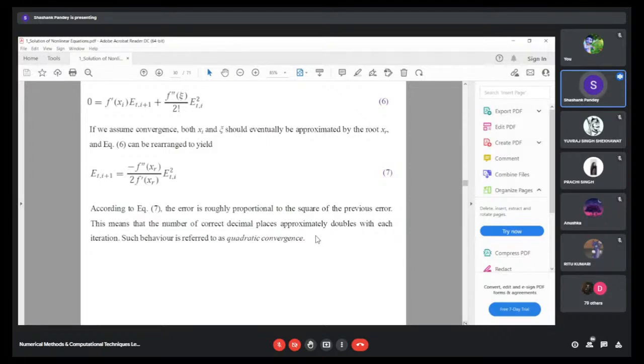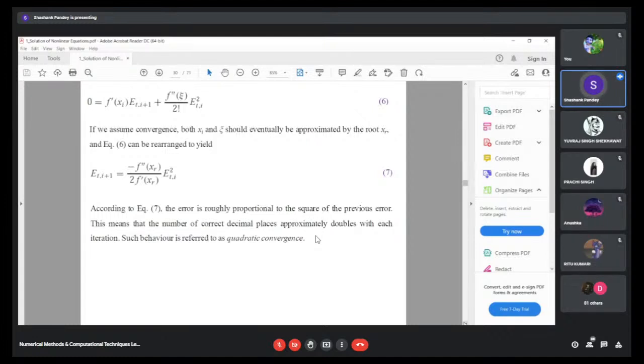So if the error at the previous step was 0.5, then the new error, that is the error obtained in the subsequent iteration, will be the square of the previous error.